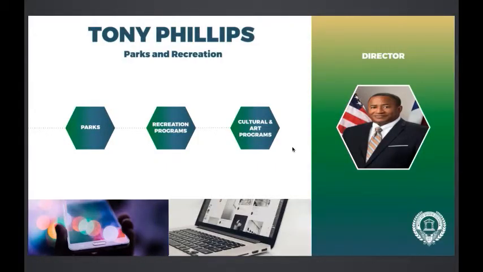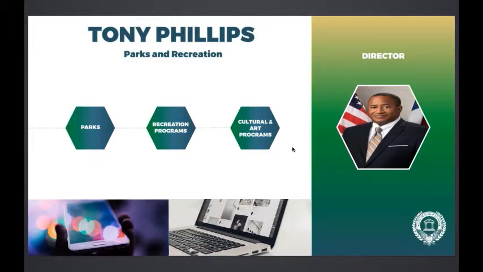Our Parks and Recreation Department is led by Director Tony Phillips. And so under this ecosystem, a goal is to create spaces that provide opportunities for healthy environments, whether it be outdoor park space or recreational programming within our facilities.